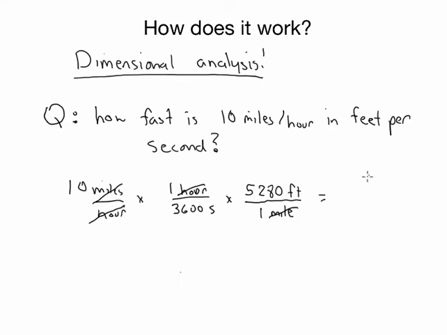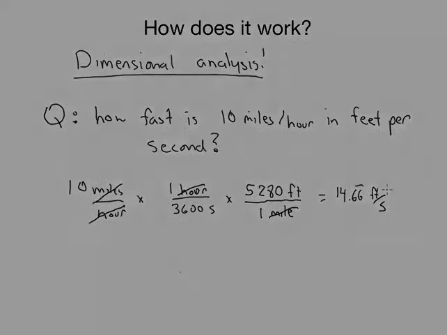And what we end up with is a number that's something like 14.66 repeating feet per second. And so this is what gets us the answer, because what we're doing is we're starting with the thing that we know, 10 miles an hour, and then we're just applying conversions to it and keeping track of our units until we get the answer that we're looking for.